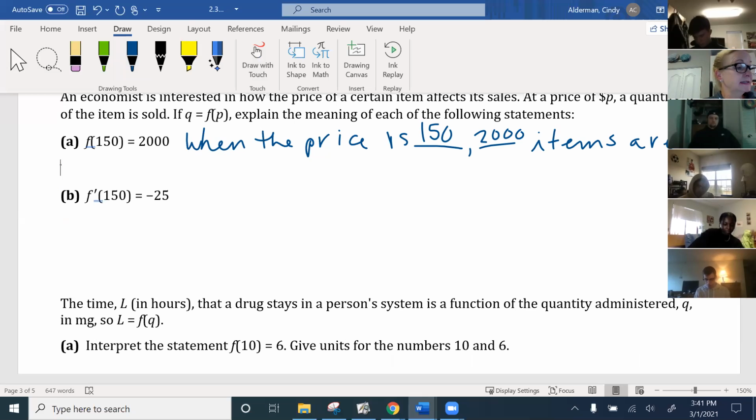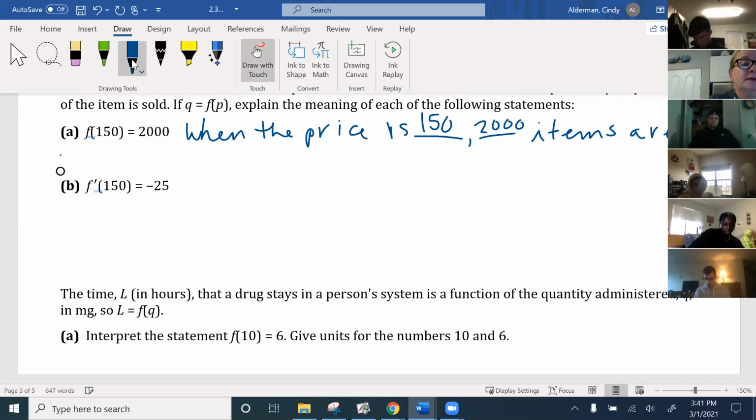All right, and I want to bring this up because I need a little more room for this one. Okay, this next statement is like prime notation. And if you write it in Leibniz notation, it would be dq over dp.